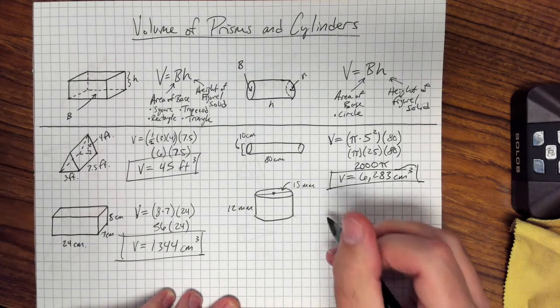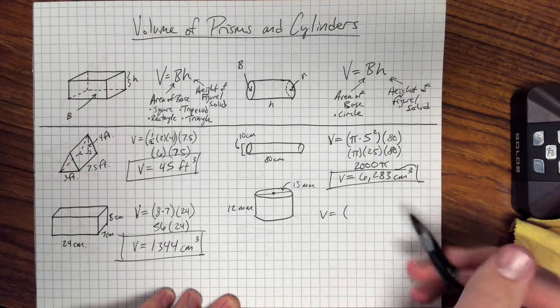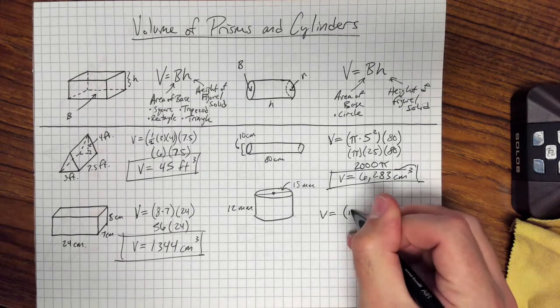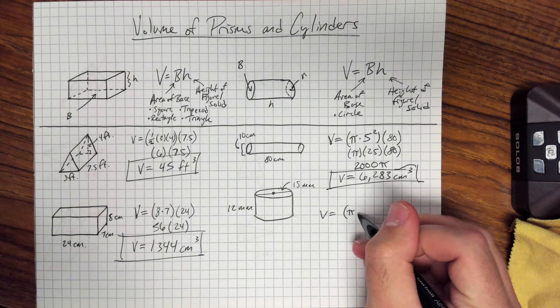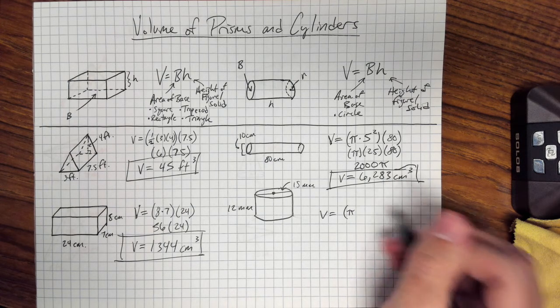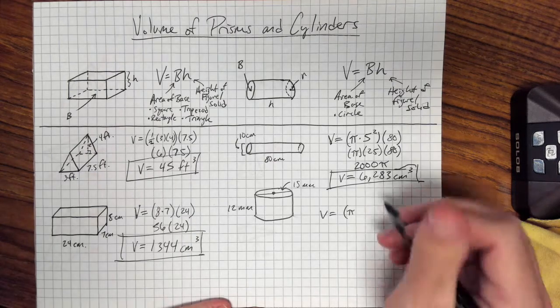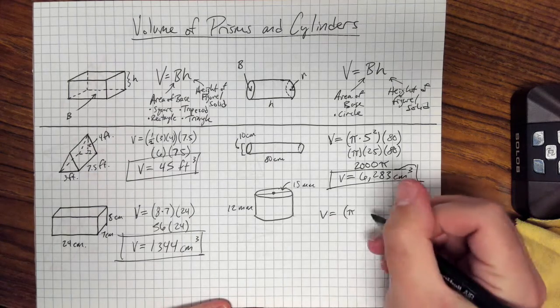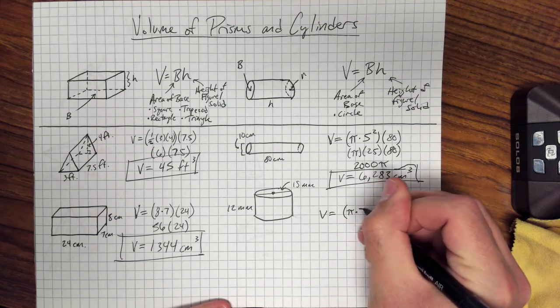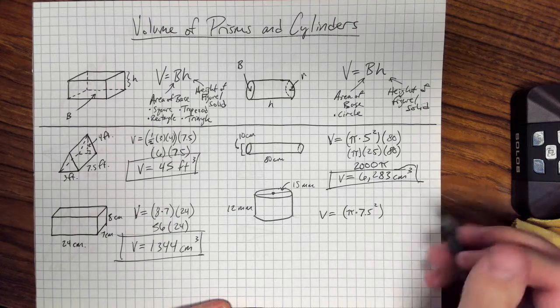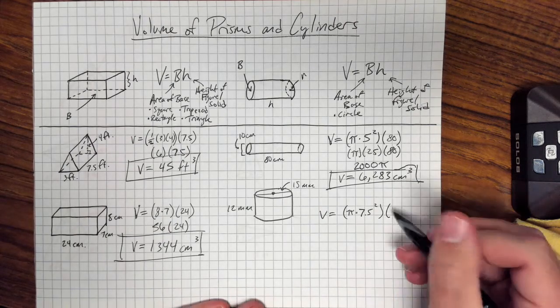And let's try this last one. Volume is, again, a circular base. This time the diameter is 15, so the radius would be half of that, which would be 7.5, which you can easily just do in the calculator if you don't know that off the top of your head. So the radius is half of 15, so that's 7.5. So times 7.5 squared, so pi r squared, times the height of the cylinder is 12.